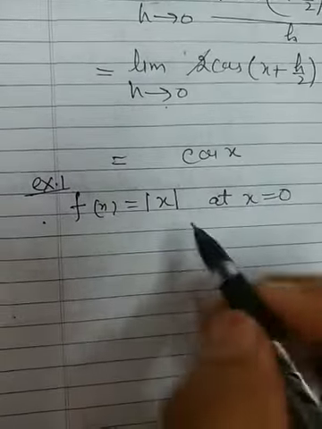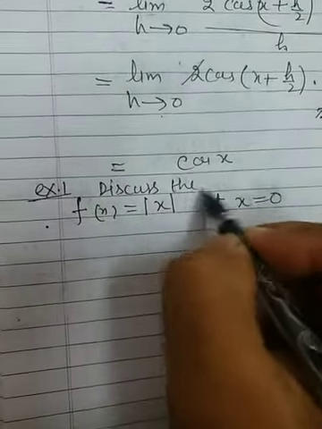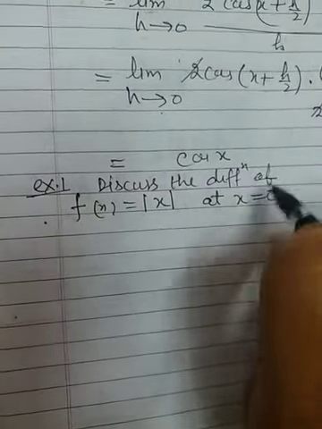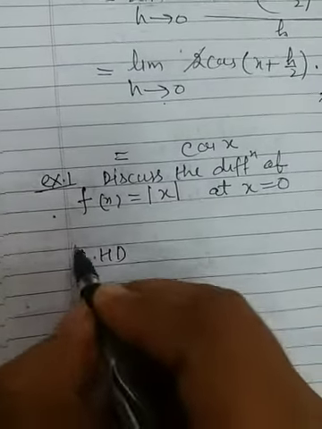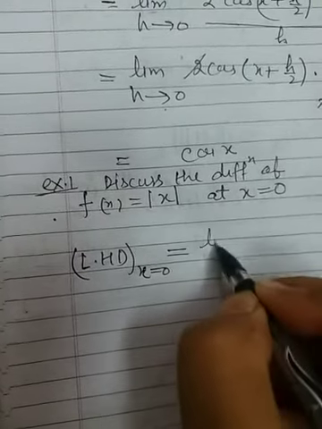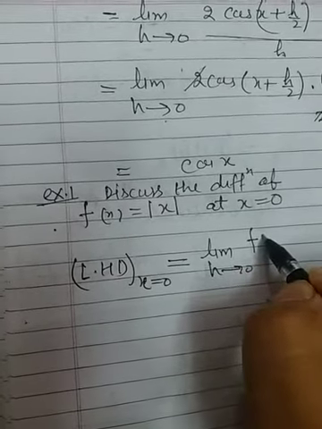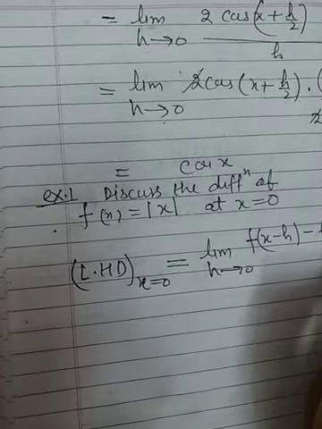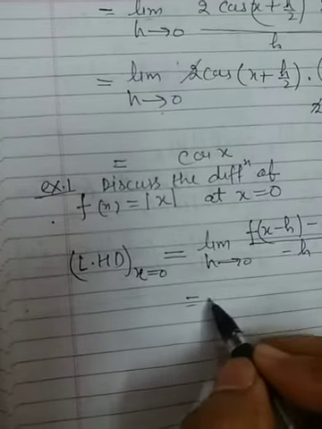So if you have to discuss the differentiability, then you need to write left hand derivative at this very point x equal to 0, and this is limit h tends to 0, (f(x-h) minus f(x)) upon minus h, but this x we have to put as 0.